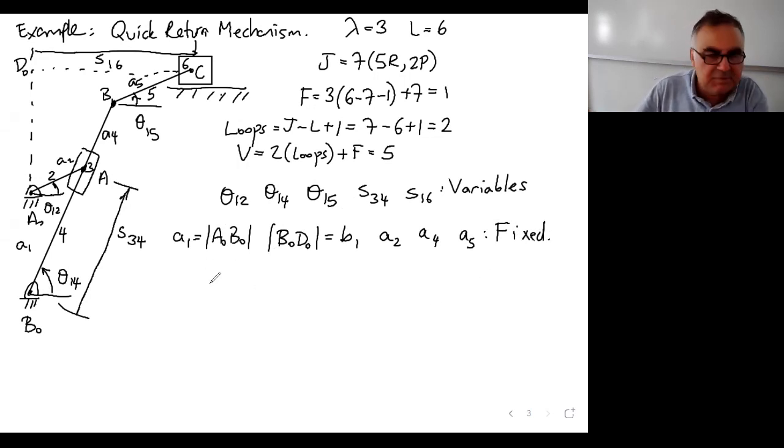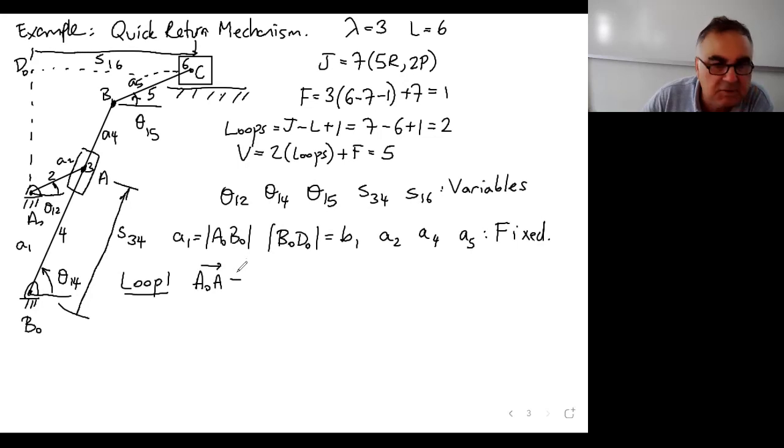Now for the mechanism, there are 2 loop equations. Loop 1, for example, can be the following. It is this quick return mechanism over here. A0A is equal to A0B0 plus B0A.